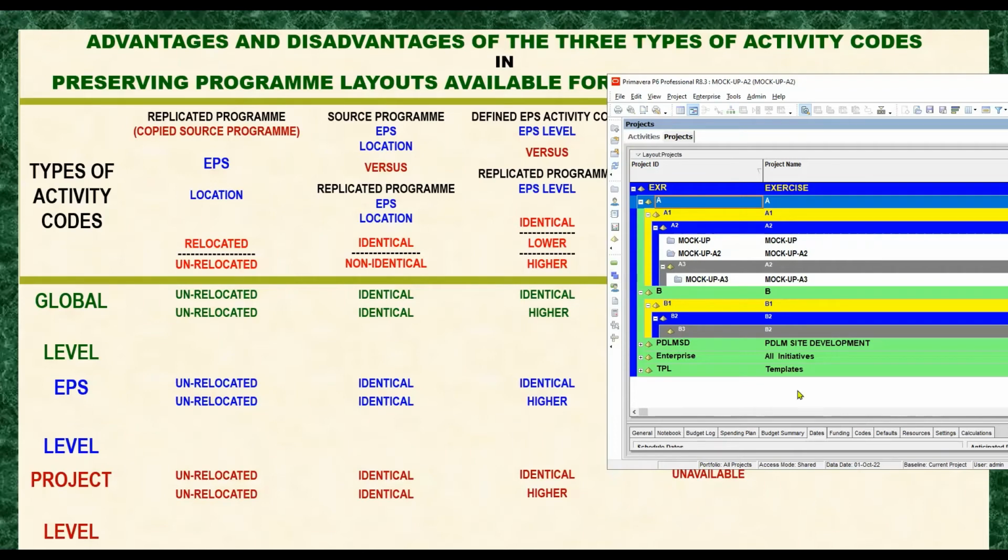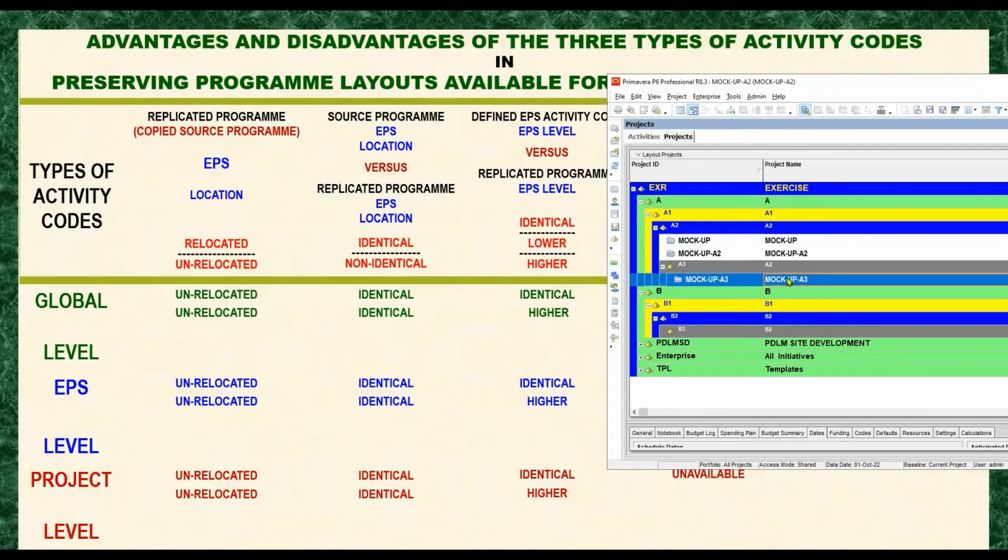So that is why it is recorded here as higher, meaning the activity code that we defined in the EPS level is higher than the EPS level of this replicated copy of the source program. Okay, understood? I hope so.